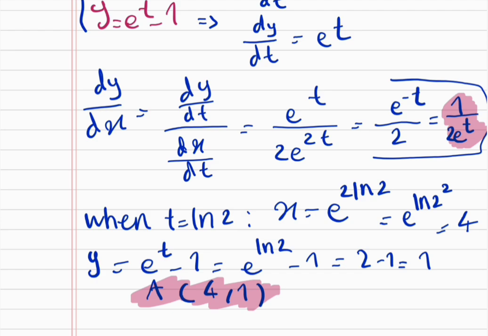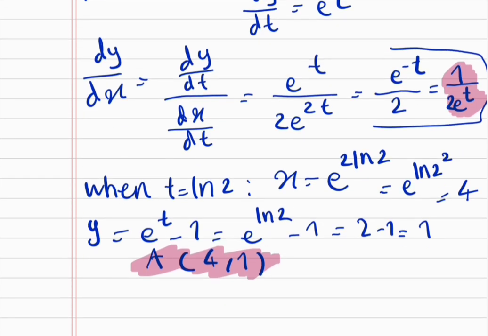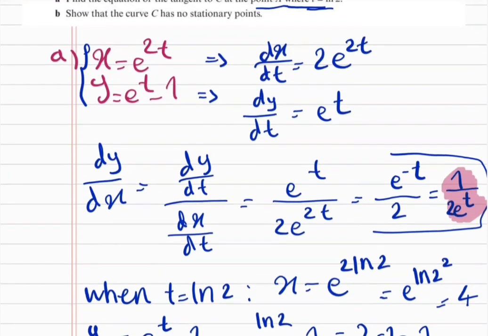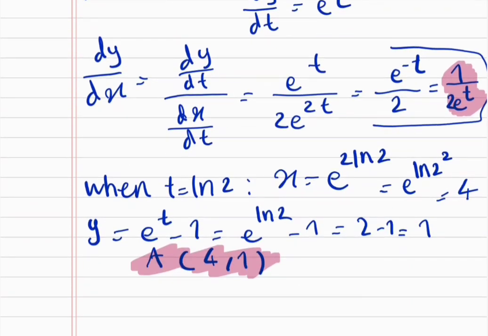Just before we move on to finding the equation of the tangent line, we need to do one more thing with the gradient, because right now we have the equation of the gradient, but we don't know the value of the gradient. So we just need to substitute t equal to ln 2 into the equation of the gradient.